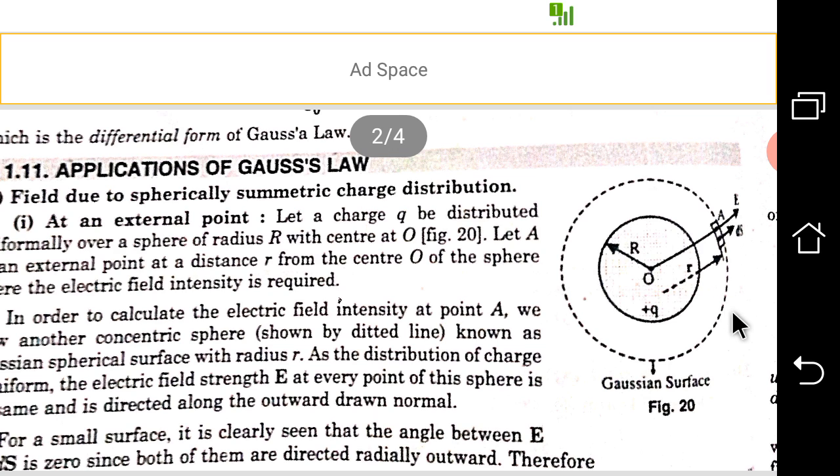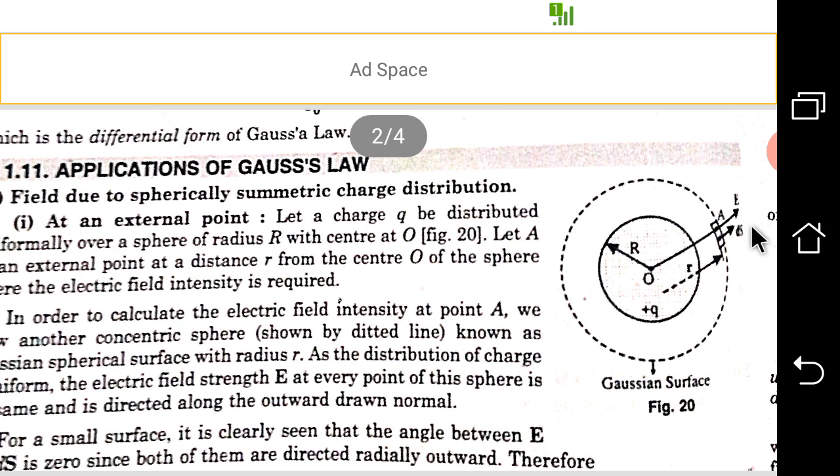For a small surface, it is clearly seen that the angle between E and ds is 0, because ds and E are along the same direction. Therefore, E dot ds is equal to E ds cos 0. Cos 0 value is 1.